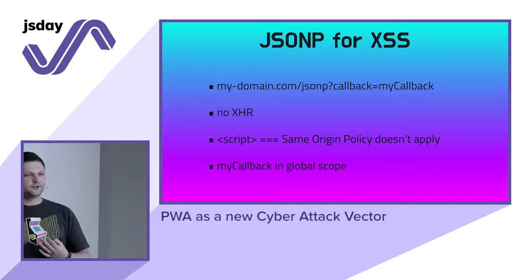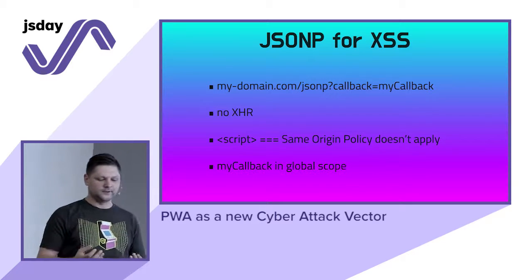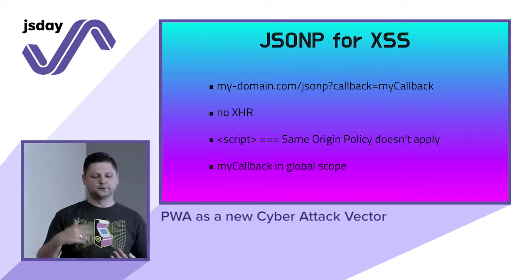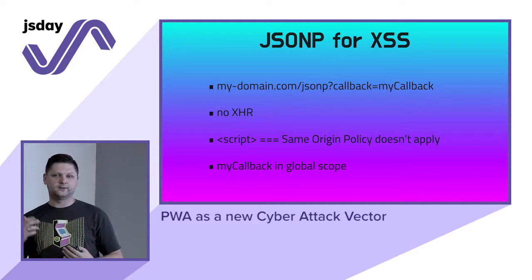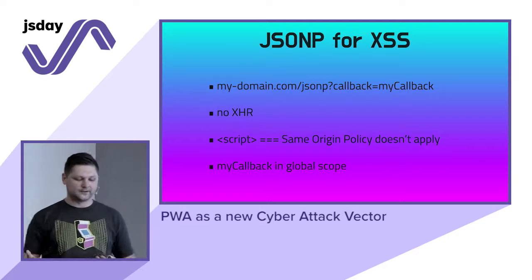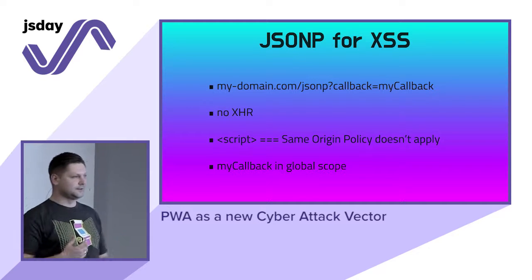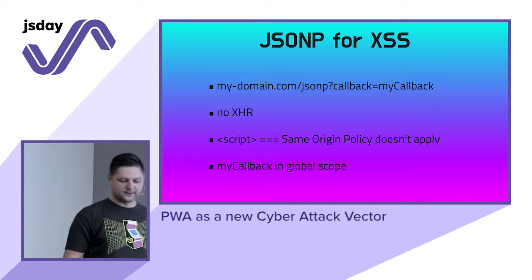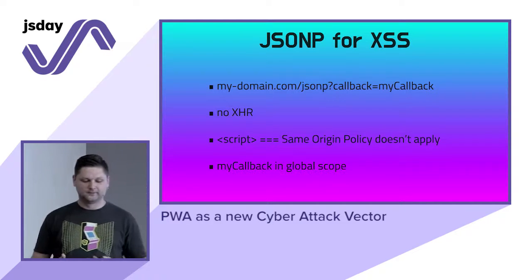Actually, JSON-P is a kind of script created for us, and it executes a callback. It doesn't provide any XHR requests or AJAX calls, and it creates inline scripts. That is why it doesn't break the same origin policy.